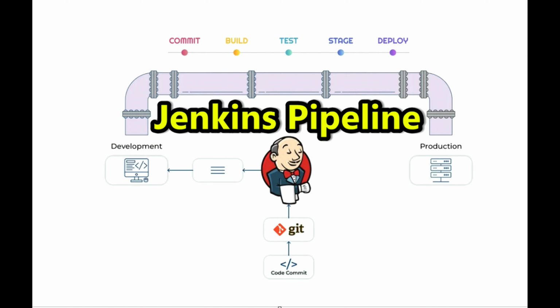Now, Jenkins is a powerful open source automation server designed to streamline the software development process. With an intuitive web-based interface, Jenkins is highly configurable, making it easy for developers and administrators to set up and manage automated workflows.